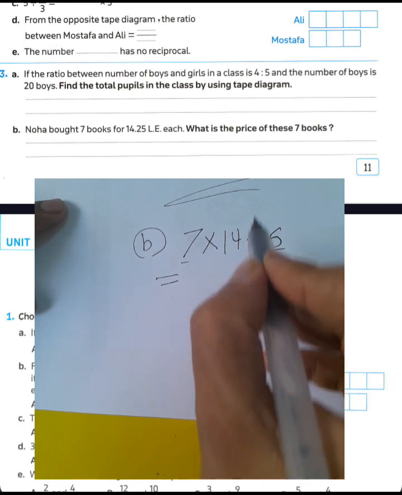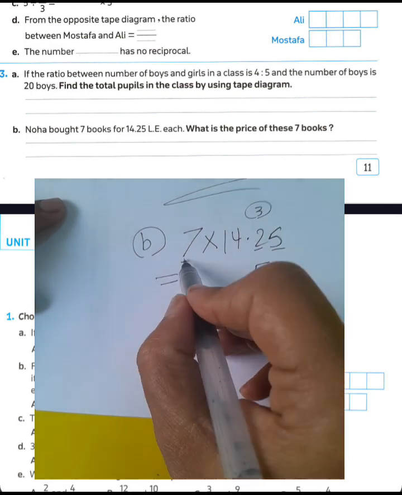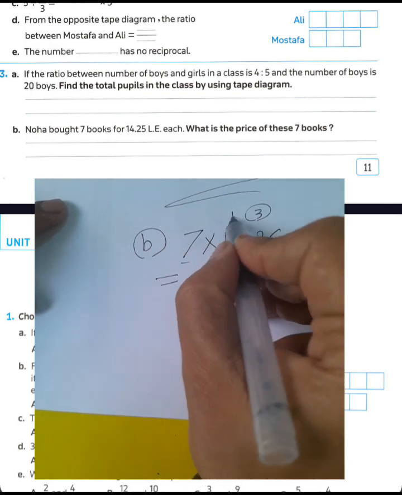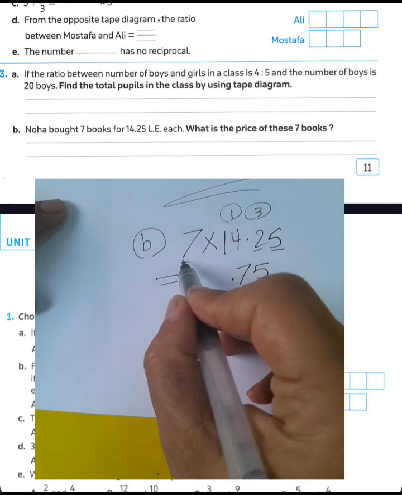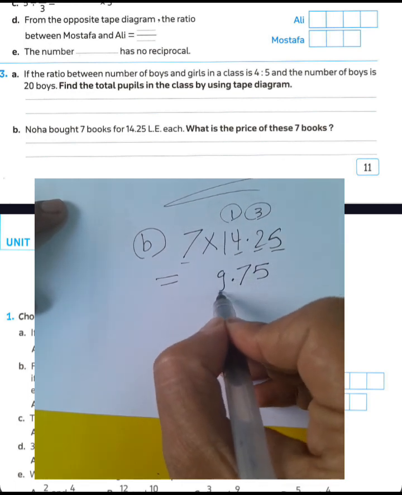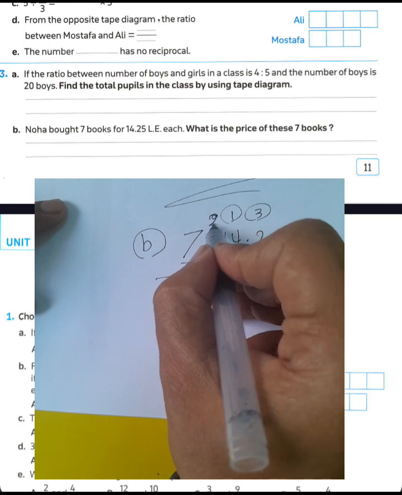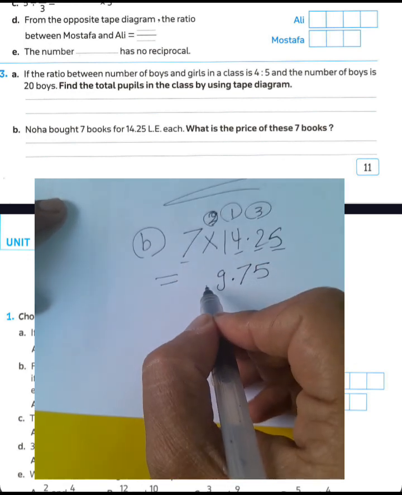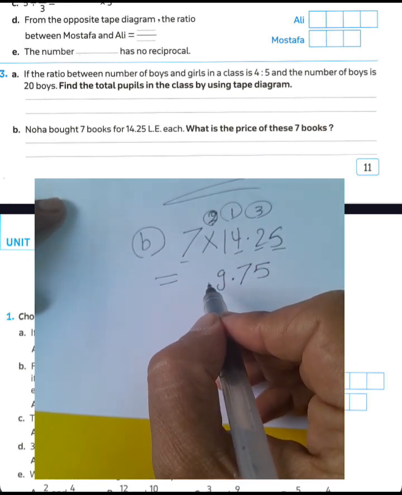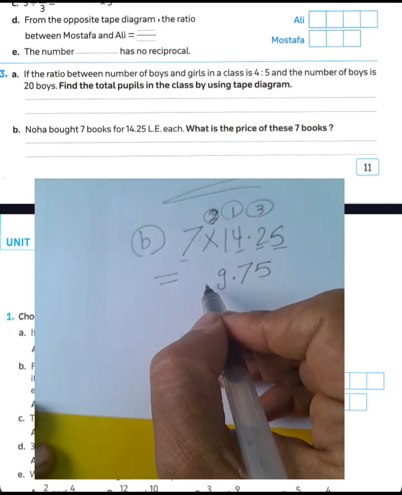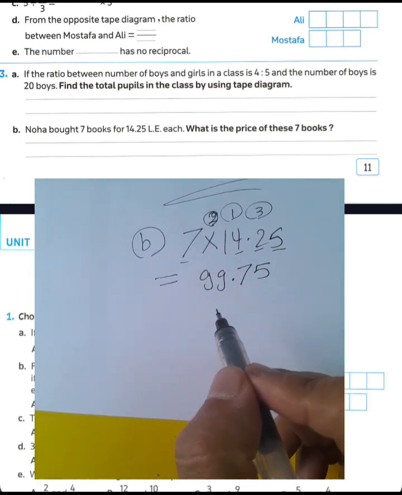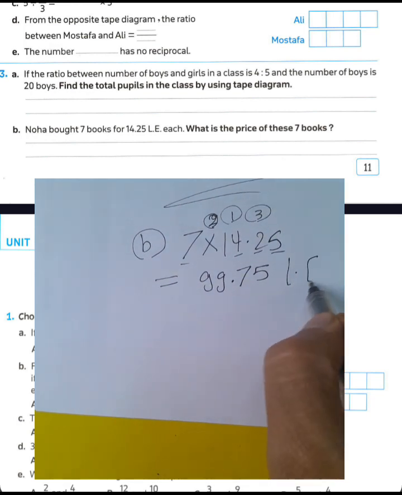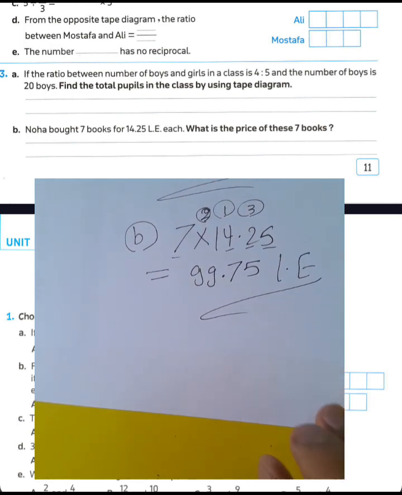Write 5 and carry 3. 2 times 7 equals 14 plus 3 equals 17. 7 and carry 1. 4 times 7 equals 28 plus 1 equals 29. Write 9 and carry 2. 1 times 7 equals 7. 7 plus 2 will be 9. The result will be 99.75 Egyptian pounds.